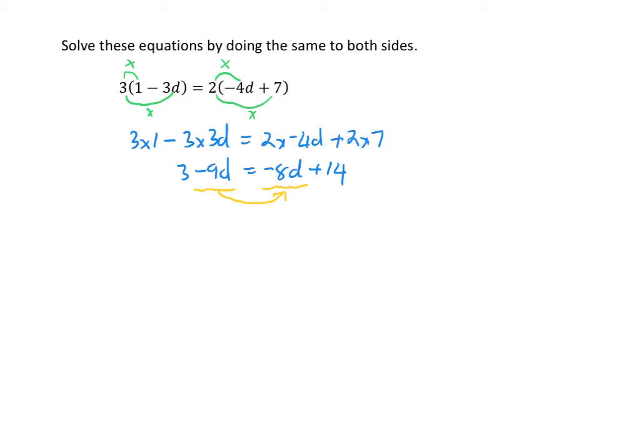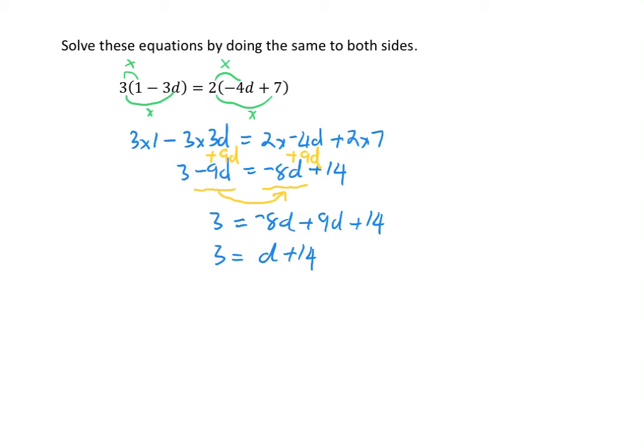To do that, I need to do the opposite of minus 9d, which is to plus 9d, and I need to do the same to both sides. So my equation then becomes 3 is equal to negative 8d plus 9d plus 14. So 3 is equal to d plus 14.